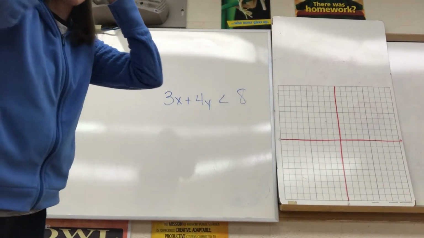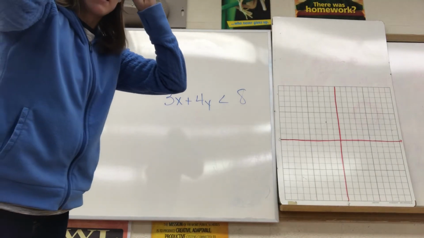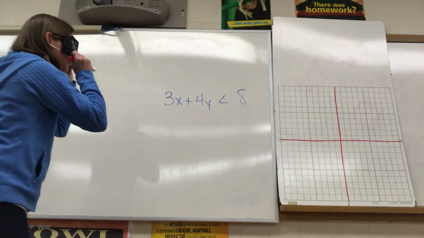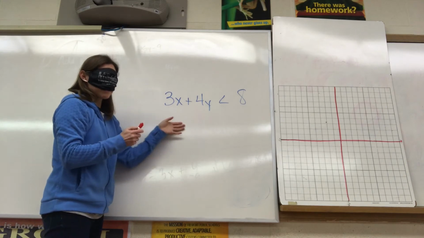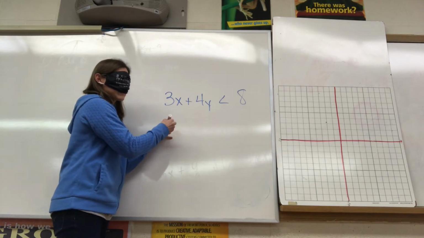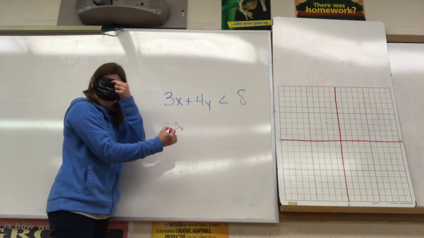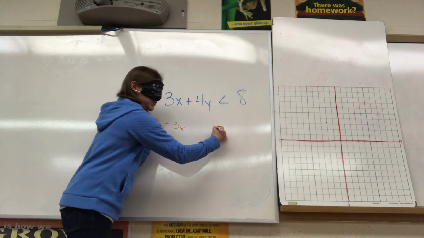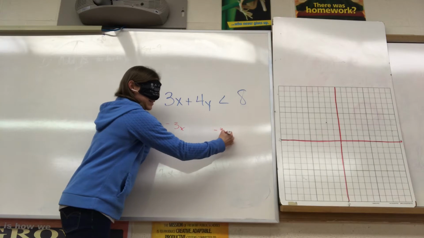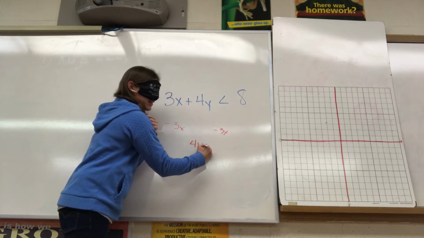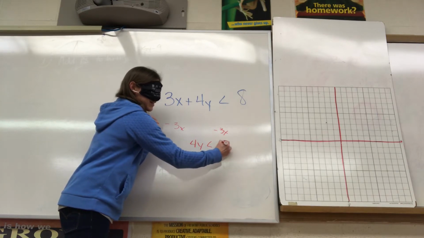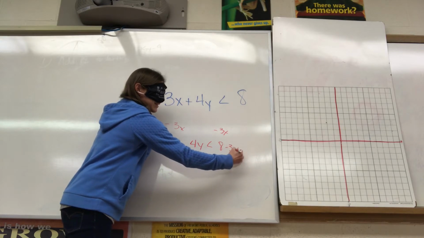All right, 3x plus 4y is less than 8. All right, so forward. We're going to subtract this 3x, and we're going to subtract that on both sides. So 4y is less than 8 minus 3x.